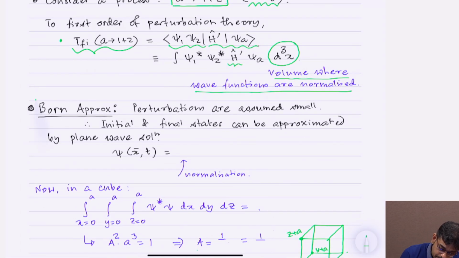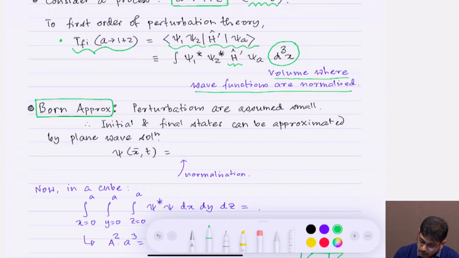And we will use what is called the Born approximation. What is Born approximation? It basically says that the perturbations are assumed to be small, and so therefore, the initial wave function of A, which is far from the happening place, can be approximated by the plane wave solution.